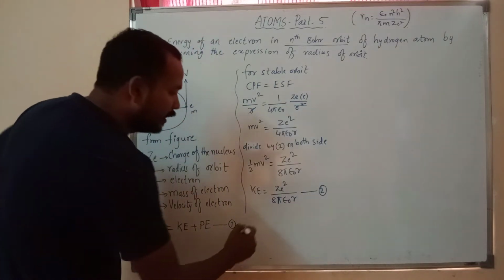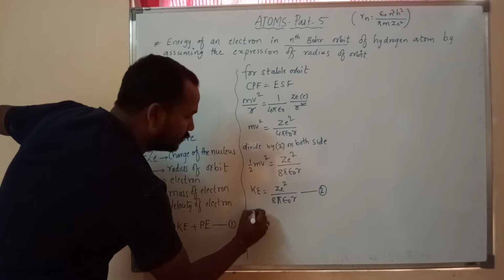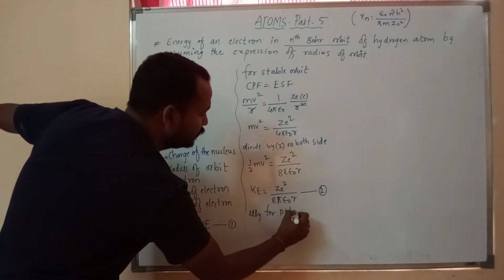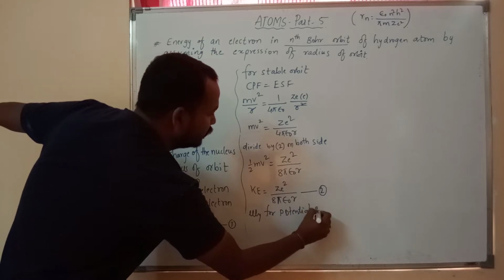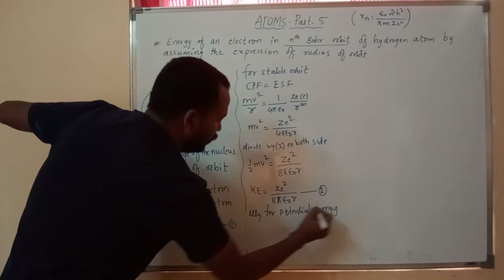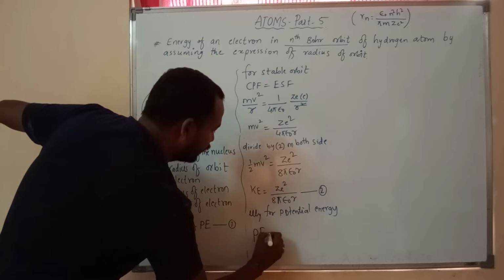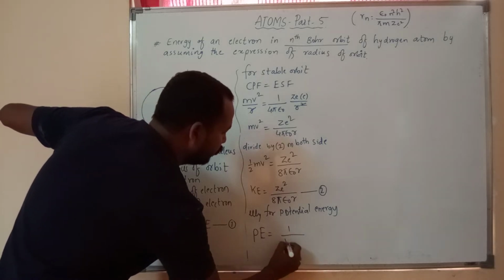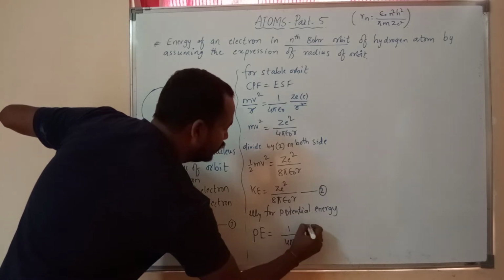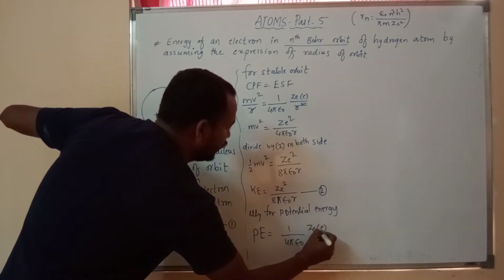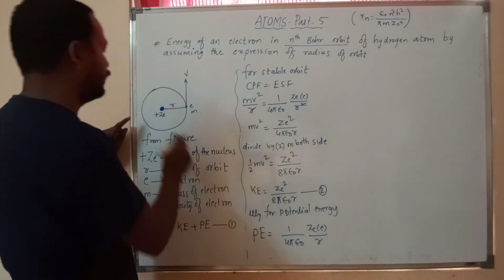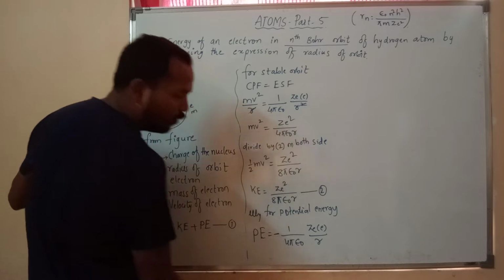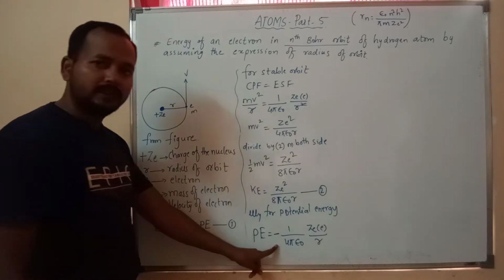Similarly, for potential energy, it is given by 1 by 4 pi epsilon naught Ze into e upon the distance between the nucleus and this electron, which is r, with a negative sign. Why do we have to take the negative sign here?